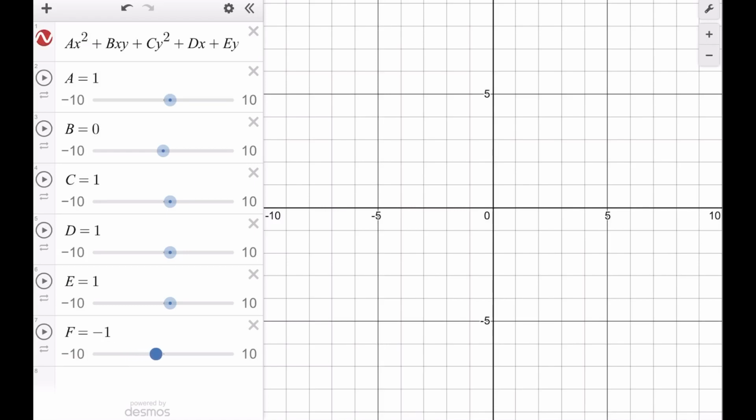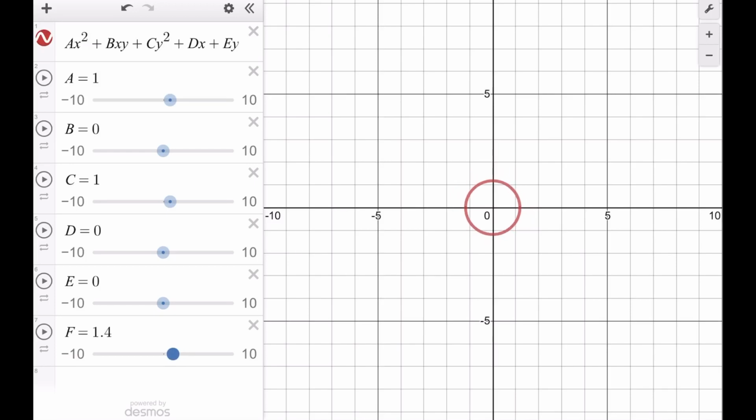If I was to adjust some things, it reaches a point between where you can see it and then you don't, but it actually would be a point. So there's also a way to make this be a single point, which isn't something we're going to be concerning ourselves with too much, but there's a technical moment that goes from circle to point and then nothing. All right, I'm going to move D and E to 0.